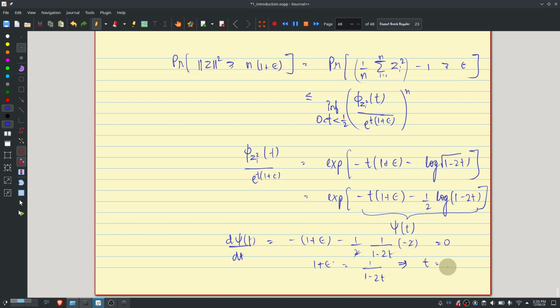One by two into, why do you get epsilon by 1 plus epsilon? So 1 by 2 into epsilon by 1 plus epsilon.